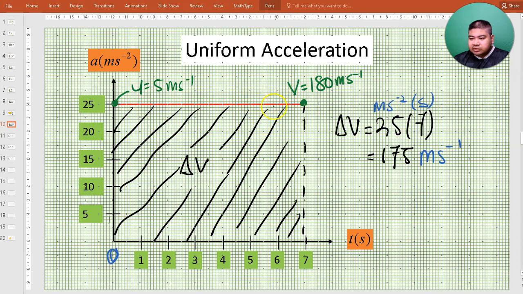The reason is that within this interval of 7 seconds, you have a change of velocity of 175. So from 5 plus 175, your new velocity is 180 meter per second. That is the value of delta V.